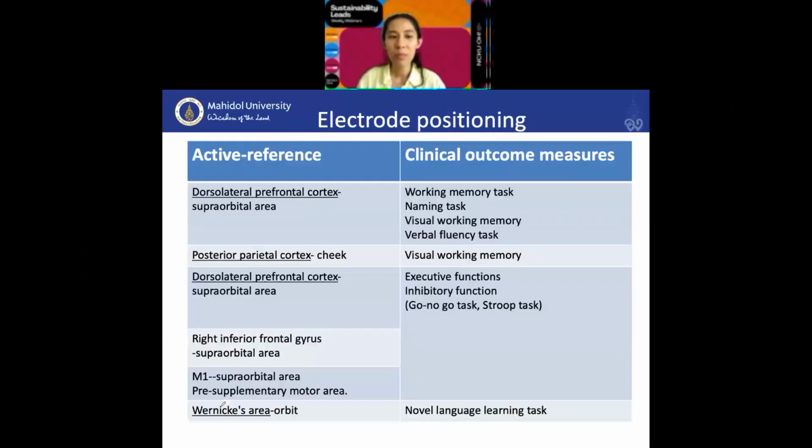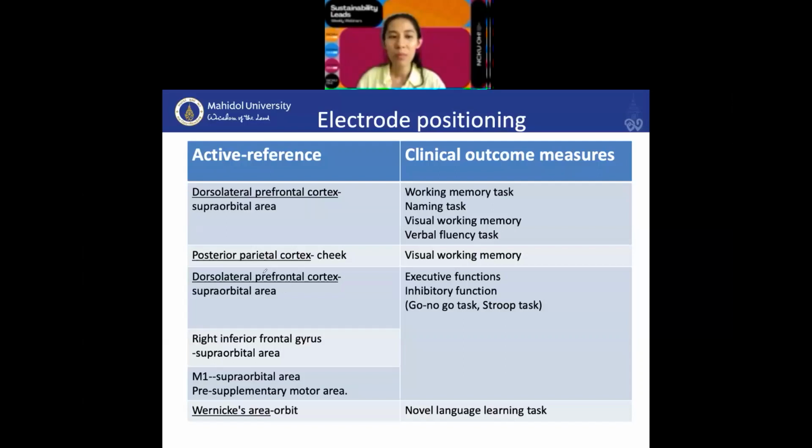All right, so this is a summary of electrode positioning that I found for you today, where people apply tDCS electrodes, the popular ones. Actually, the popular one is the DLPFC. You put one at the DLPFC and another one contralateral, as suggested by Nitsche and Paulus in 2000, all right?